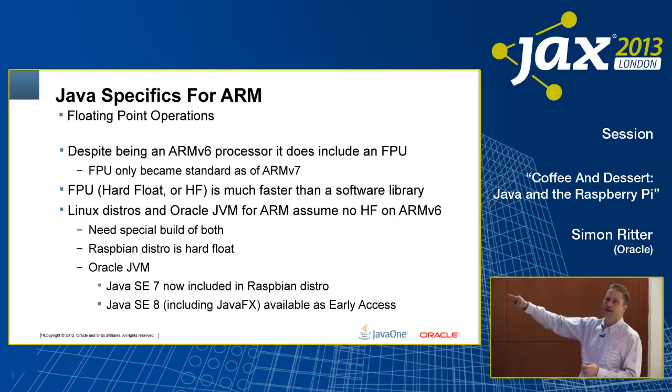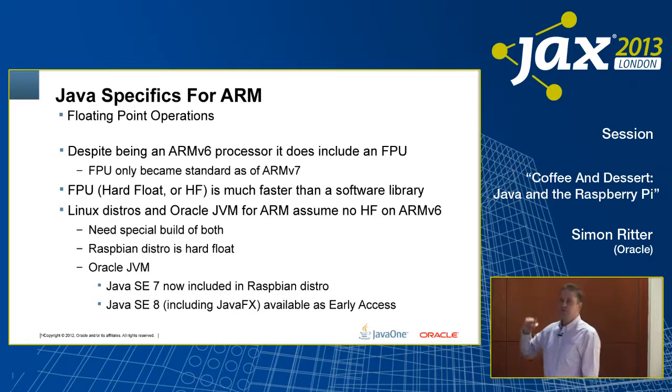So there's a Raspbian distro, which is built on Debian, compiled specifically for the Raspberry Pi, and makes use of the hard floating point. And then Oracle also had to recompile the Java runtime and the Java development kit so that it would use the hard floating point as well.